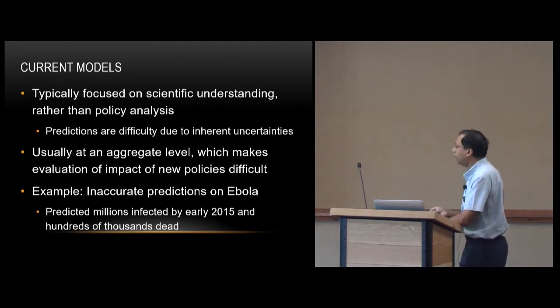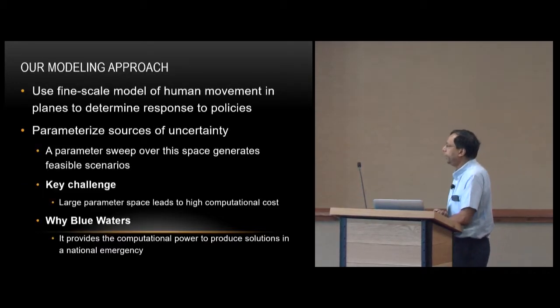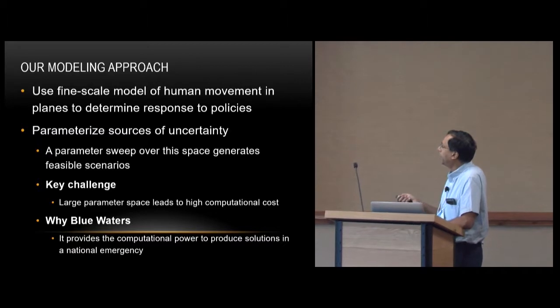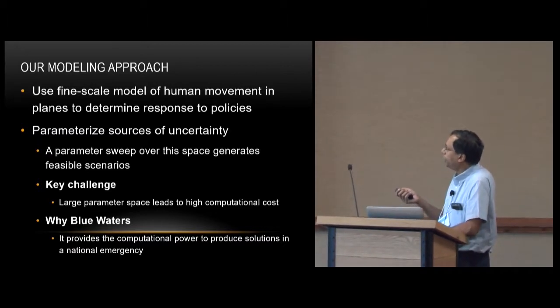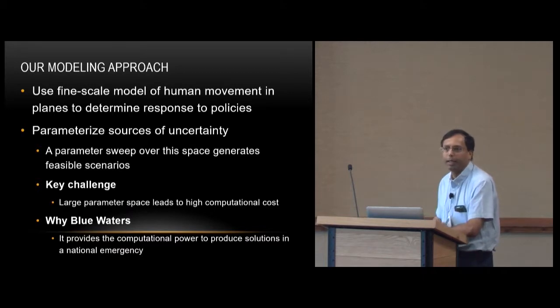So what we instead try to do is identify vulnerabilities. One is, instead of using aggregate data, we use a fine scale model of human movement. The other is we parameterize sources of uncertainty. So instead of saying this is going to happen, we'll do a parameter sweep that generates all feasible scenarios that could happen.